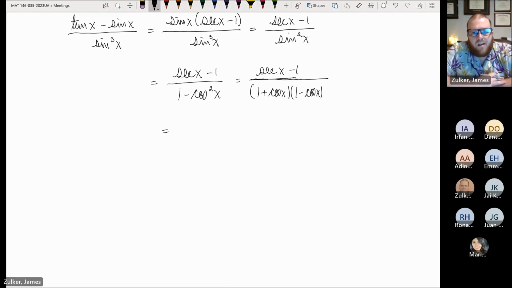Well, look what happens. If I factor secant x out of the numerator, we're going to be left with 1 minus 1 over secant, right?